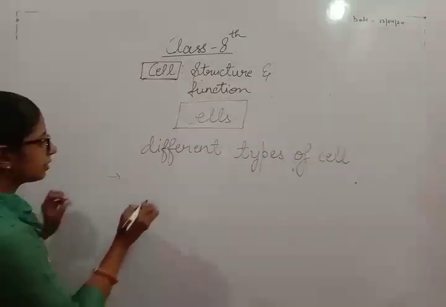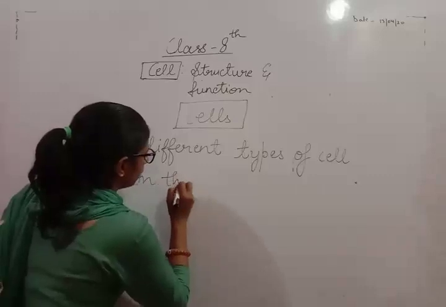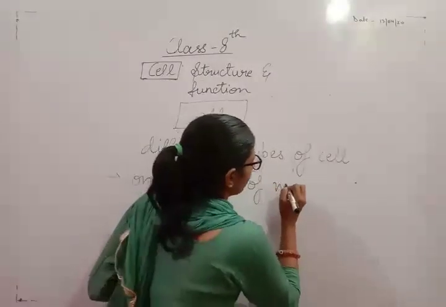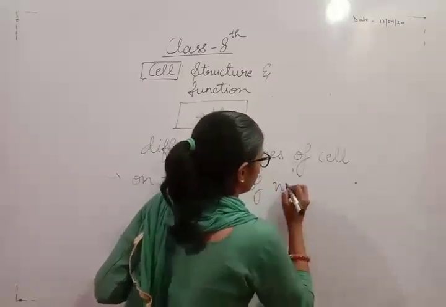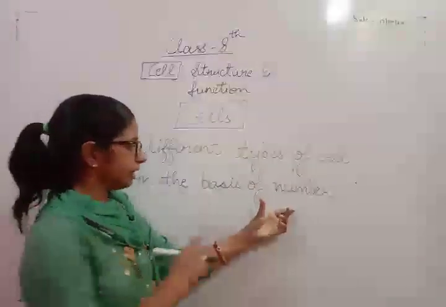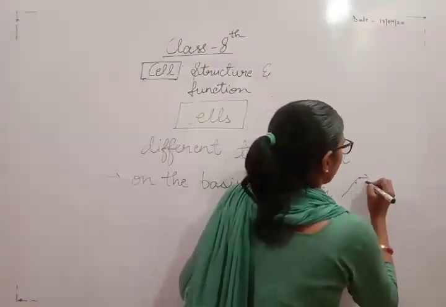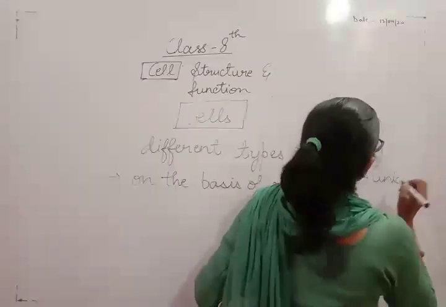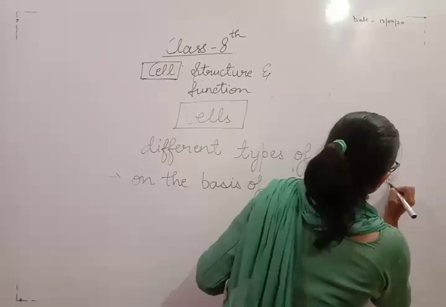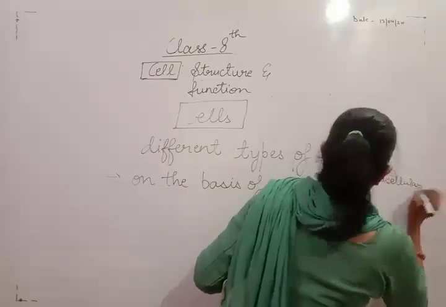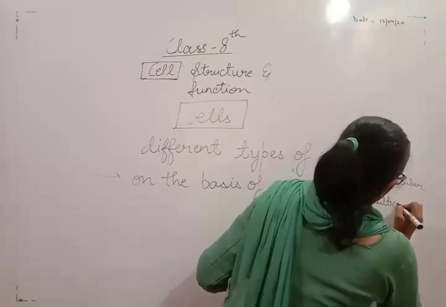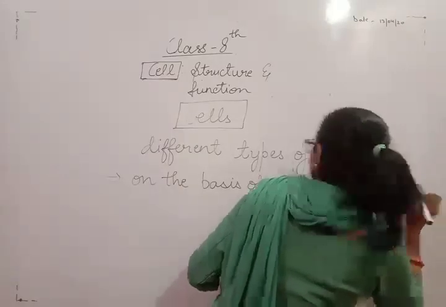First, on the basis of number, we have seen that cells are of two types: unicellular and multicellular. Okay?